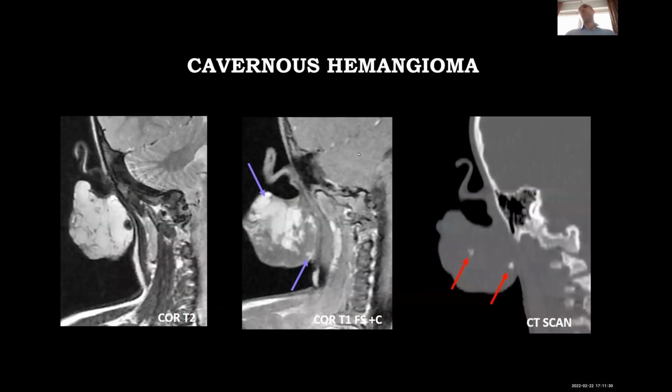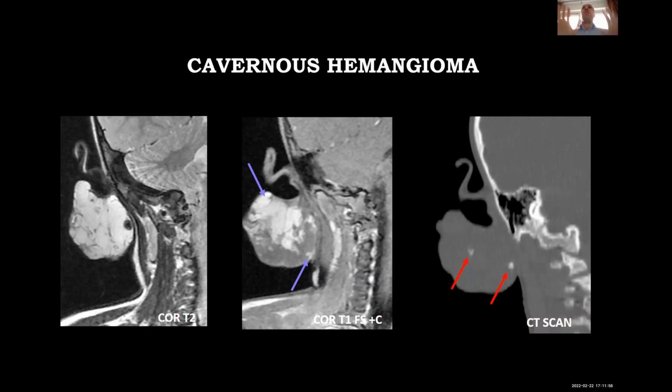Next is cavernous hemangioma. When I say soft tissue hemangioma, search for one thing: phleboliths. Then the pattern of enhancement. Non-contrast CT, phleboliths, it is a soft tissue hemangioma, and long history, unless it is a newborn in the orbit.